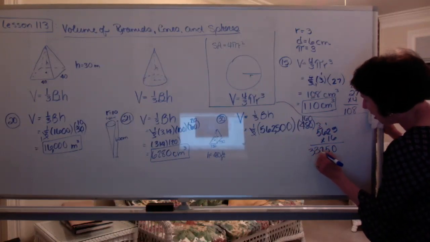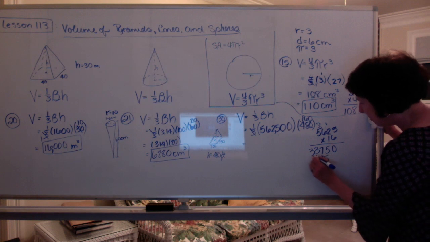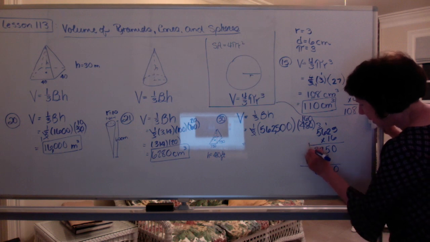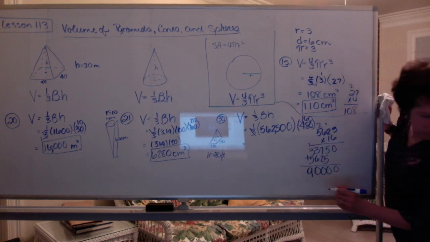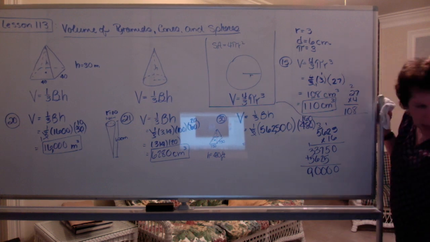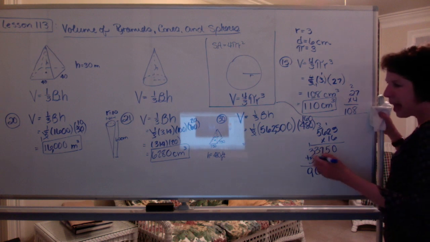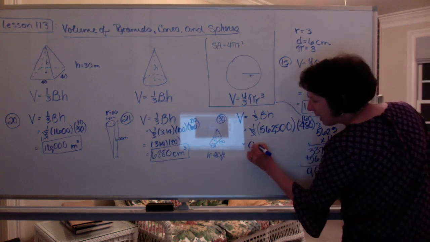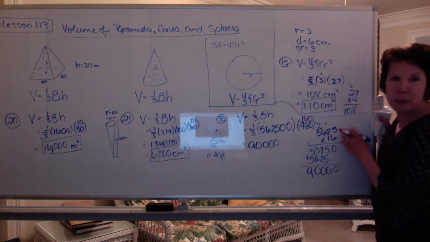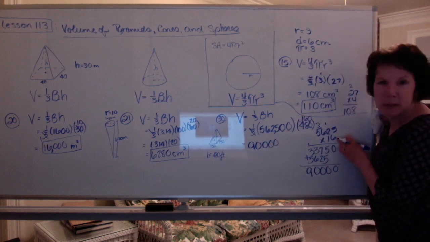Oh, I should have brought my water with me. Oh my. I'm getting, just multiplying that, I'm getting 90,000. Did you get that? All right, so I'm going to first write my 90,000 that I got by multiplying 5625 times 16.